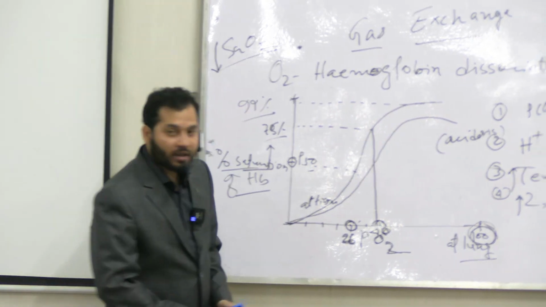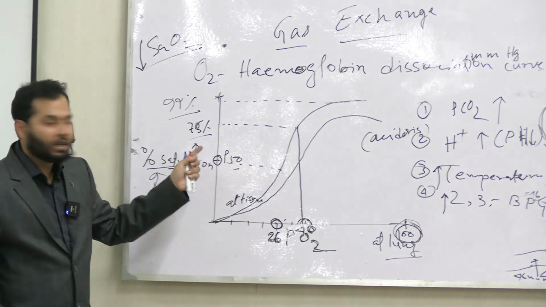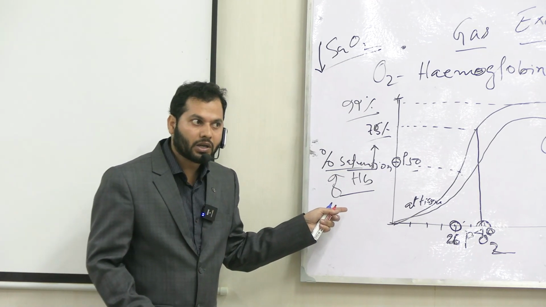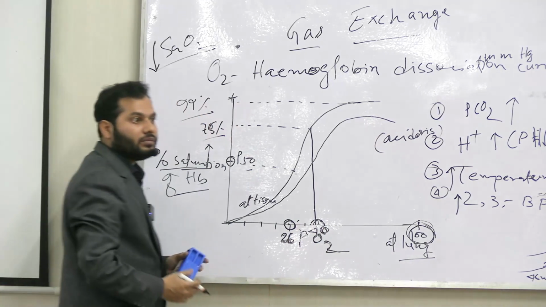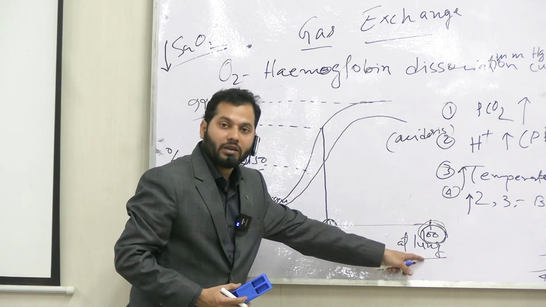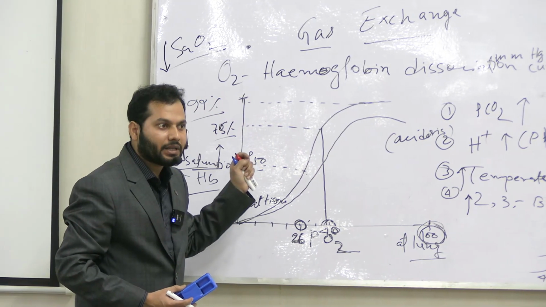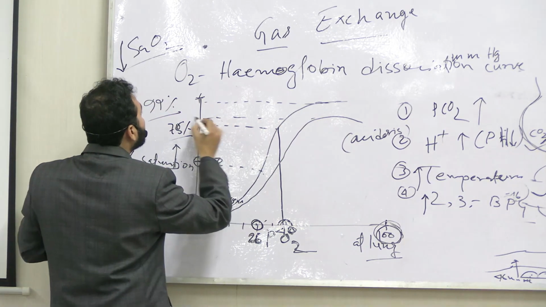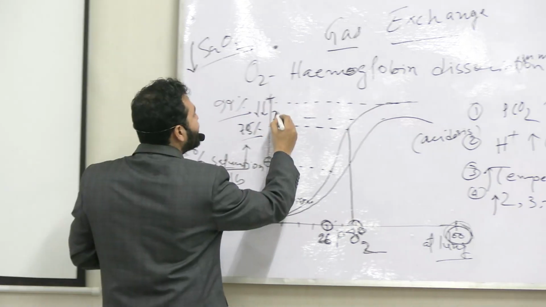Now the question is, when it shifts to the right side, does it change the percent saturation of hemoglobin or not? See, in the normal condition, at this particular pressure, the saturation was almost 100%. But now it is not 100%. It is around 75%.